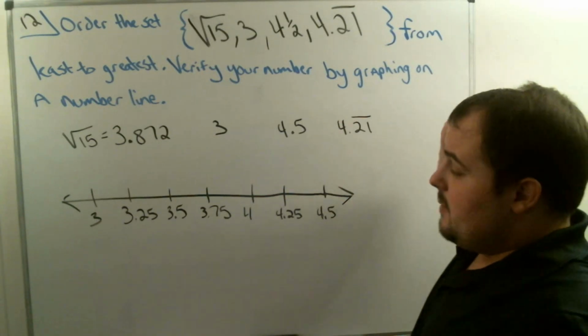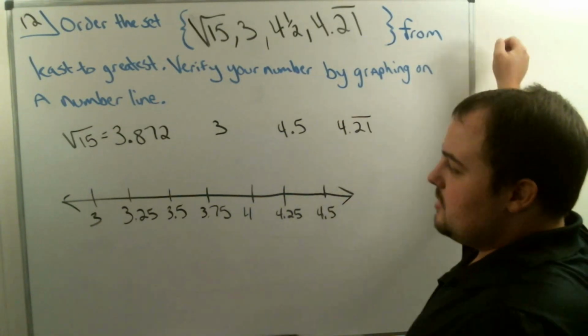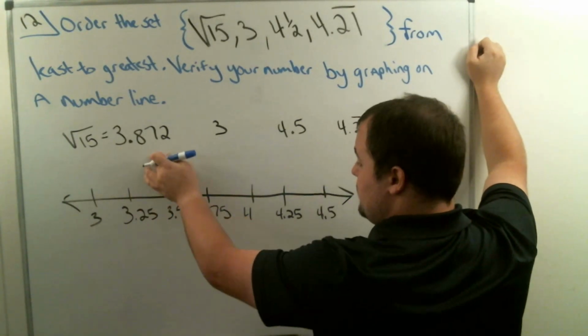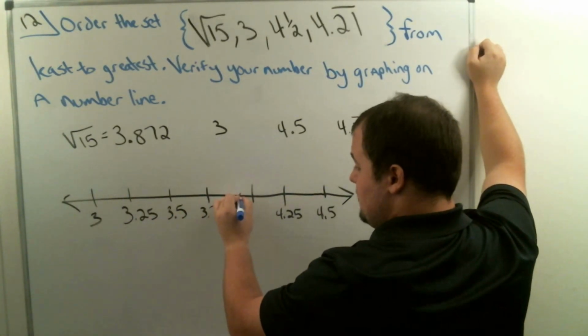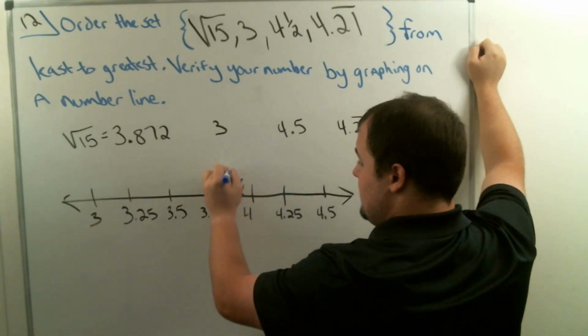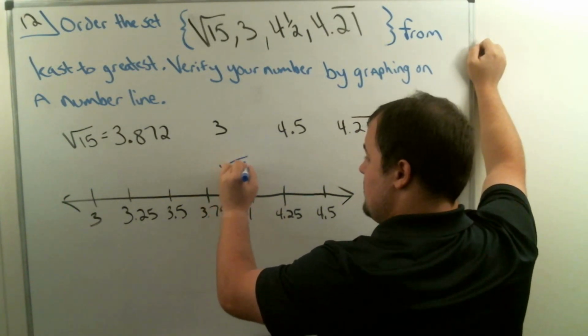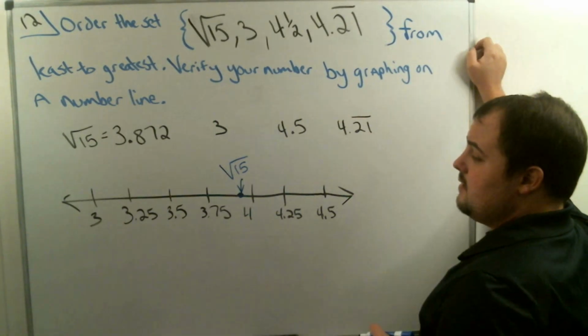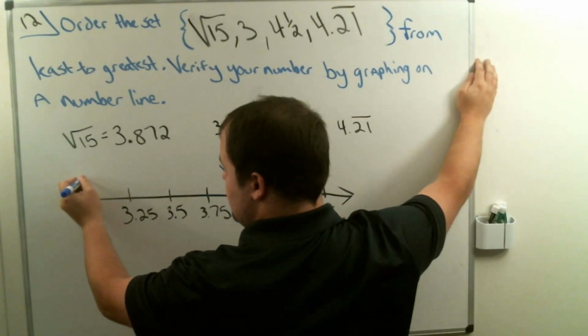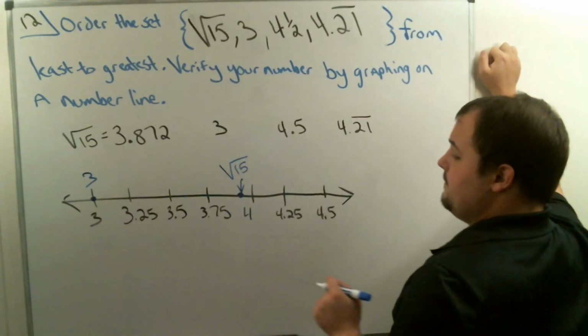So first number I'm going to put is the square root of 15, which is 3.872. 3.872 is close to 3.9. 3.9 would be close to 4. So I'm going to say that this right here is where my square root of 15 goes. My next number is 3. Well, 3 is already marked, so this is where 3 goes.